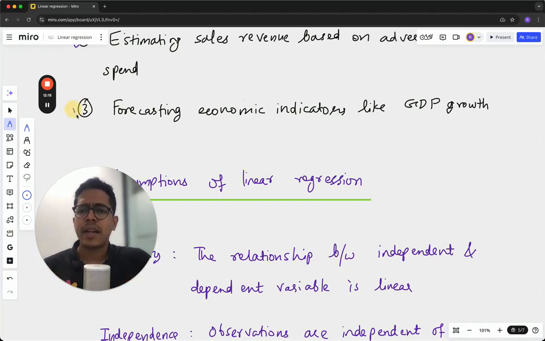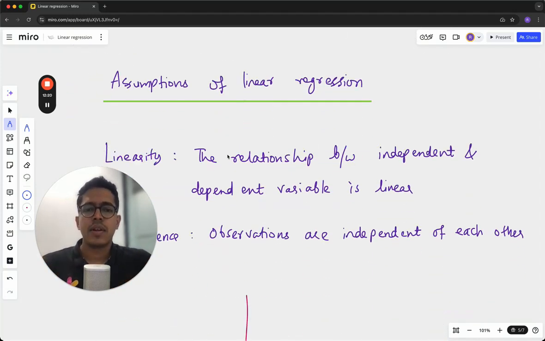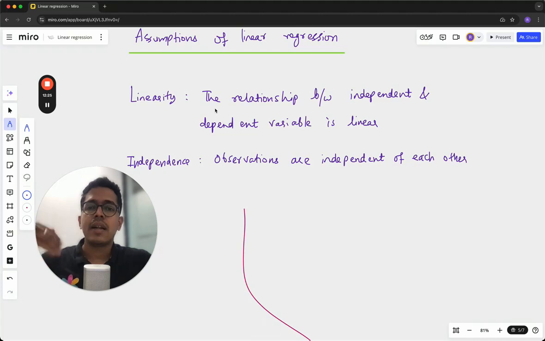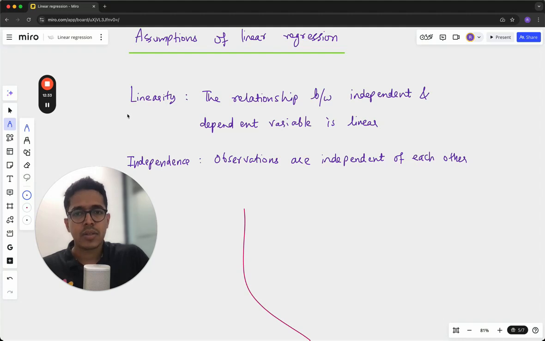So there are practically many applications of linear regression, but there are several assumptions underlying its usage. I'm not going to list all the assumptions because there are multiple of them, but the main thing is linearity, obviously, because the relationship between the independent variable and the dependent variable has to be linear.